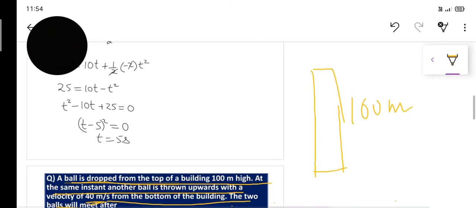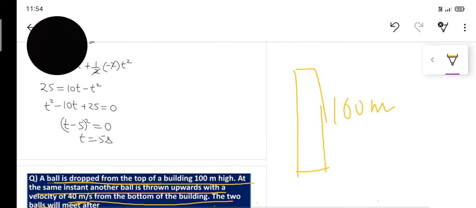One ball is dropped from here, and another ball is thrown like this with velocity 40 meters per second from the bottom of the building.